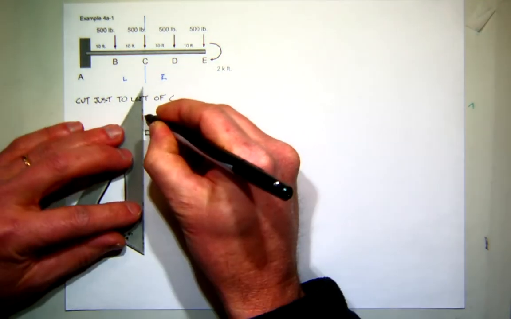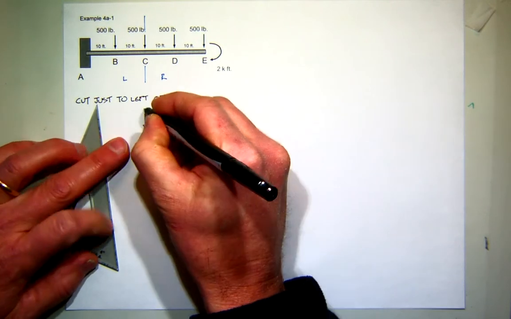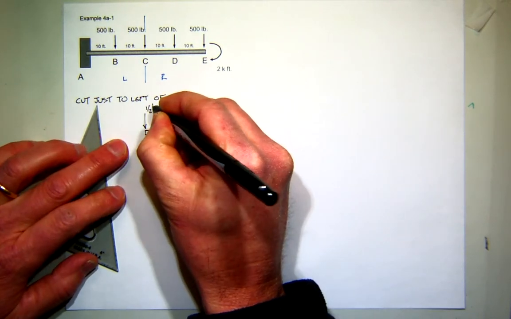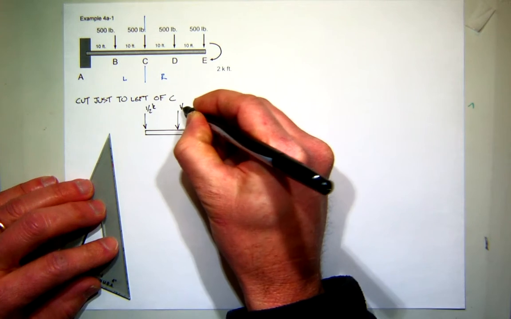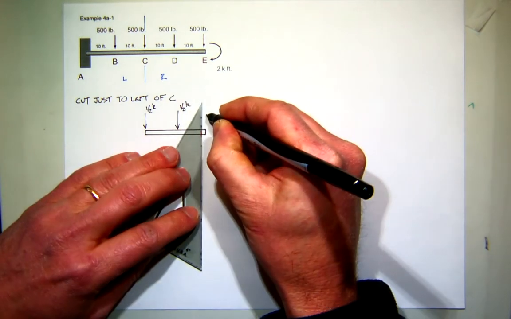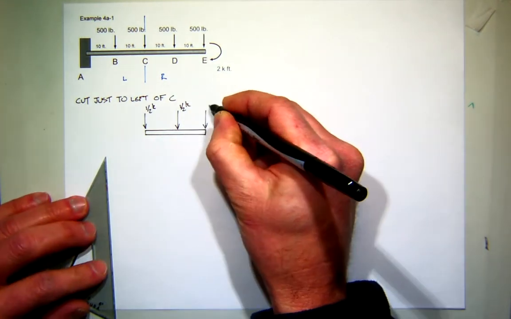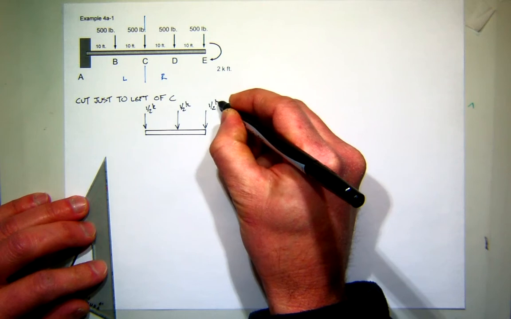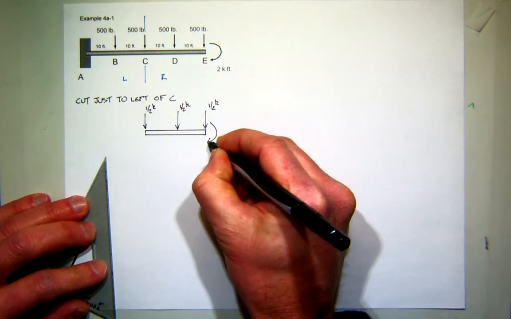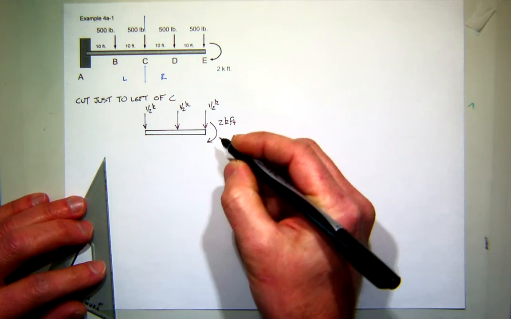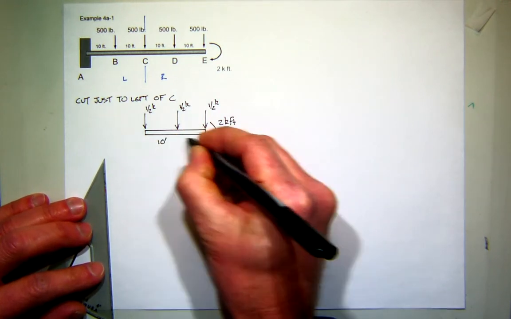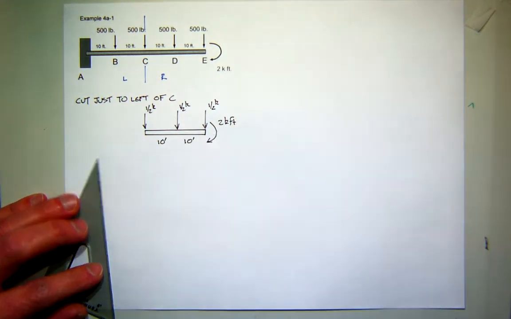I will include this half kip force, and then I'll have this one here at midspan, then one here at the end, and then in addition I've got this moment of 2 kip feet. And this is a distance 10 and 10.